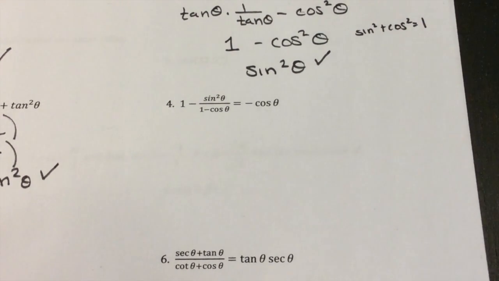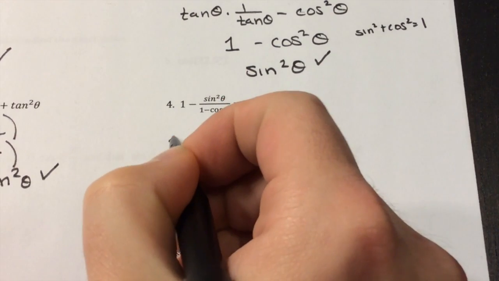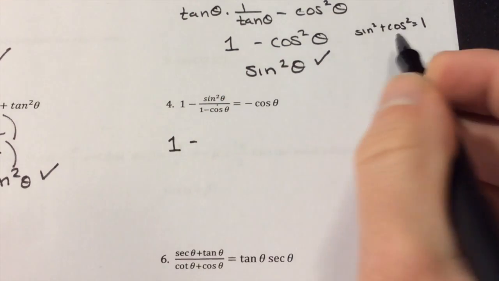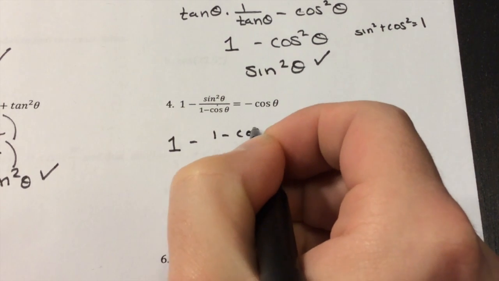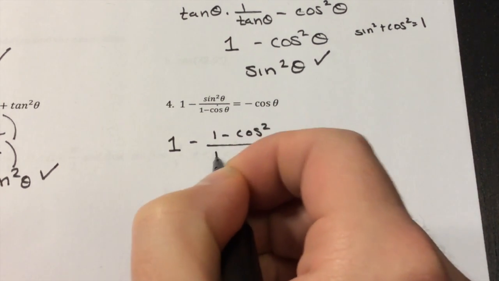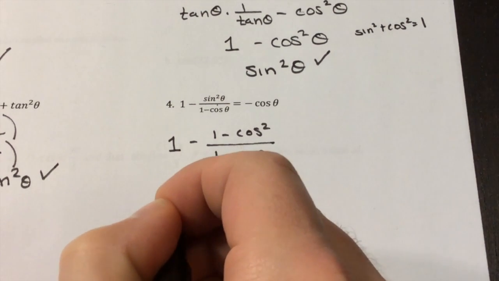Next up, 1 minus this whole thing. Well, first off, I know that sine squared, we can use exactly what we had up here, is 1 minus cosine squared. This is 1 minus cosine. I can now factor the top because it's the difference of two perfect squares.